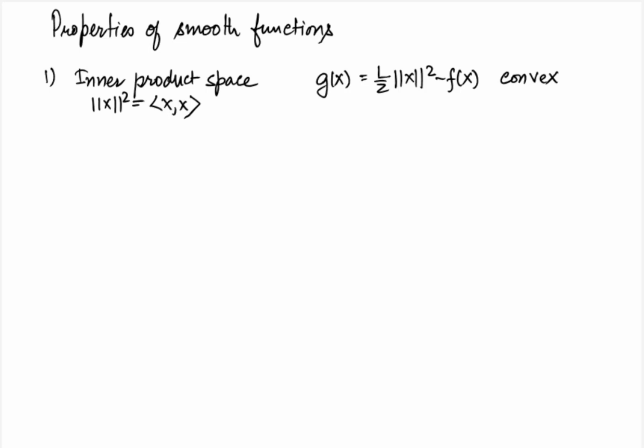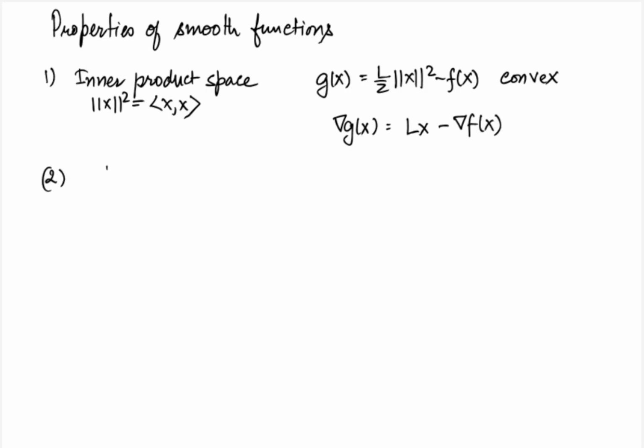But it is only applicable to inner product spaces and not valid for something like L1 norm space. The proof of this result is not too complicated and just requires us to verify the first order condition for g of x. And note that the gradient of g of x is Lx minus gradient of f of x.